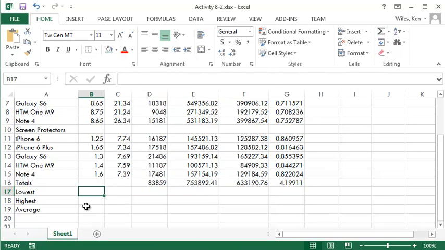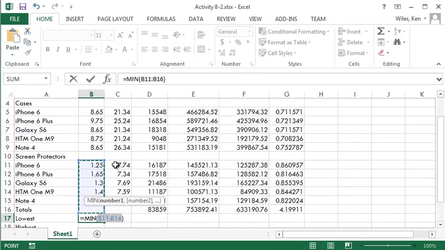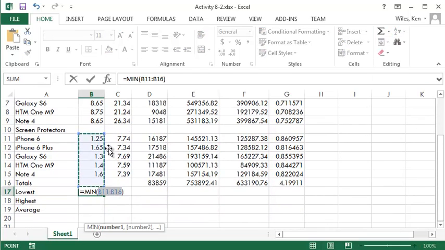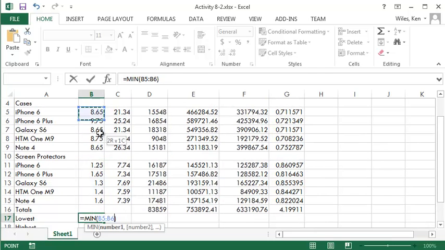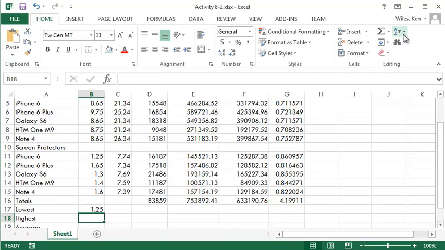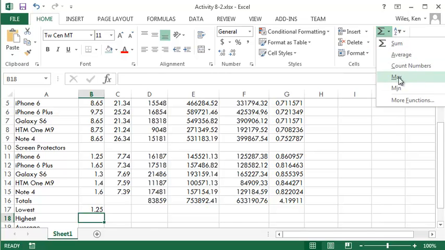And then I'm going to start my lowest, highest, average, which is the same as the last assignment. So lowest, that is the min function. And I want the lowest for all of these. And notice it's only trying to find the numbers up until it sees a break here. It's only going to use these. That's not correct. I want the lowest for all of them. So I'm going to highlight everything you see here from B5 to B15. Same thing for highest. I'm going to come over here and do max.